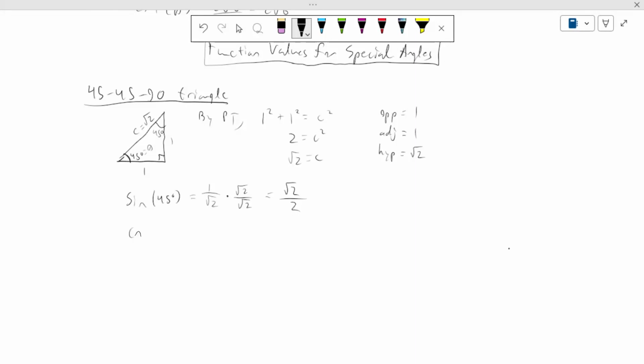Okay, let's do cosine then. Cosine of 45 degrees is adjacent over hypotenuse, so it's the same thing as sine of 45 degrees. Since we've already simplified that, I'm just going to say it's square root of 2 over 2. We don't have to show the same algebra steps again.